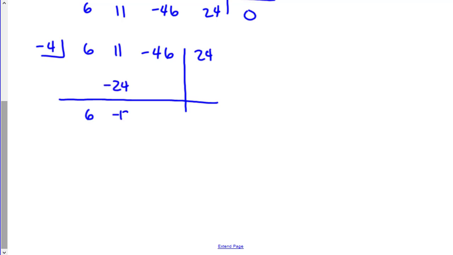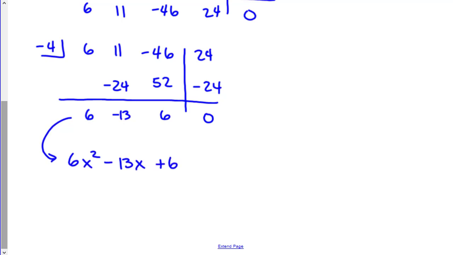I've got -13. Times -4 is 52. Add these together to get 6. Then -24 and 0. So this remaining polynomial here is 6x squared minus 13x plus 6.